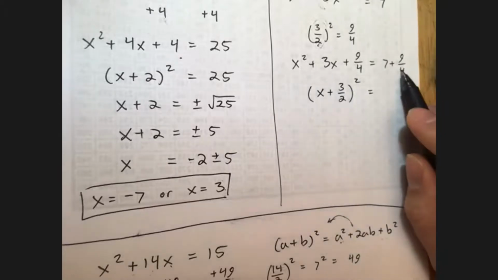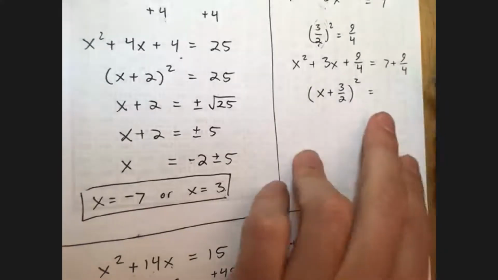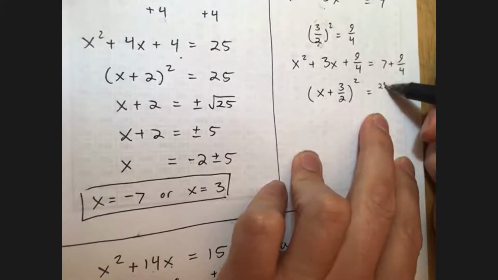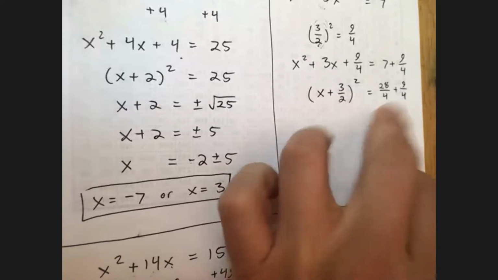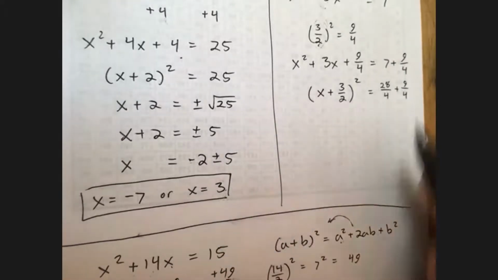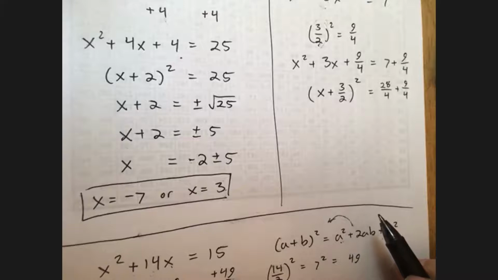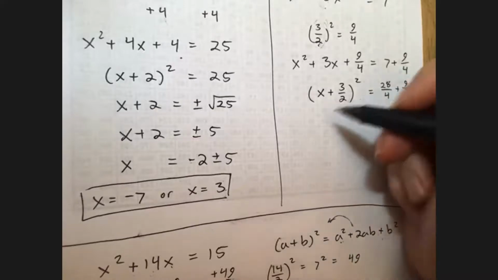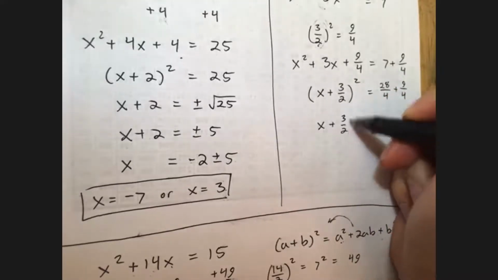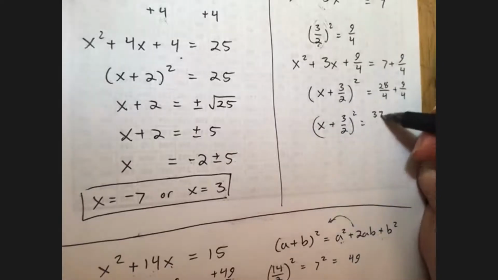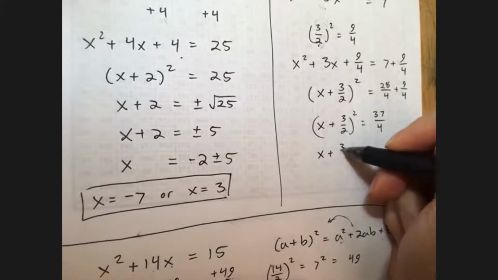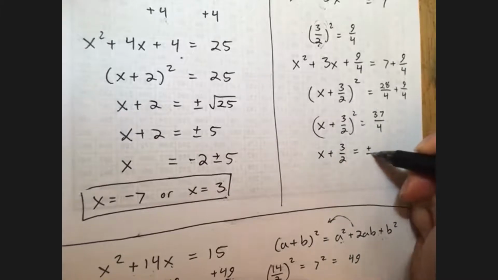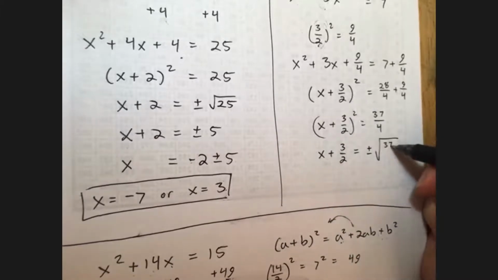Okay, let's simplify the right-hand side. 7 is the same as 28/4, right? So 28/4 plus 9/4 is 37/4. So we know that x plus 3 halves is equal to plus or minus the square root of 37/4.